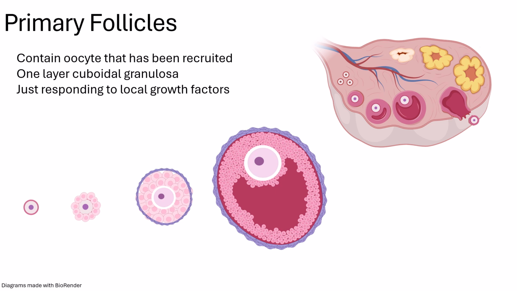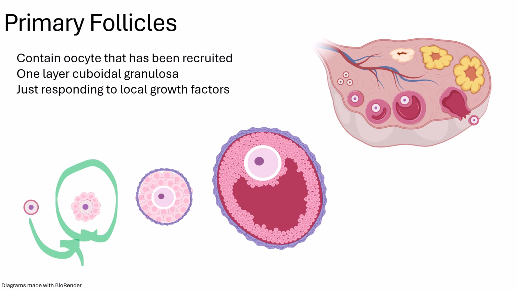A primary follicle forms when a primordial follicle is recruited into the growth phase during that early part of the ovarian cycle.